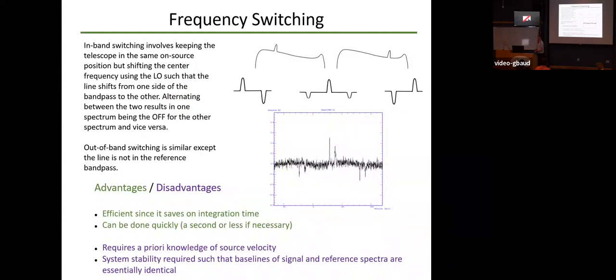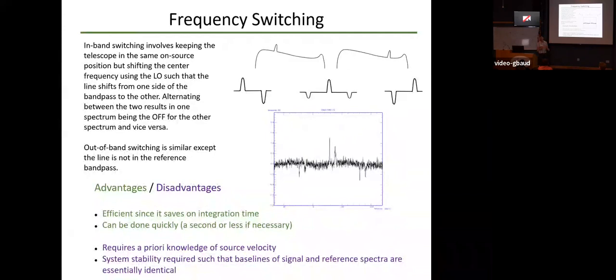In-band involves keeping the telescope on the same source in the on position. I'm pointing my telescope beam at that speaker right now. That is what I'm observing. You know what frequency you're looking at, what spectral line you are looking at. So you're changing the electronics to switch your frequency setup instead of changing your position on the sky.